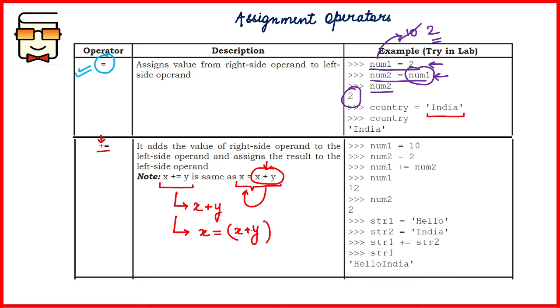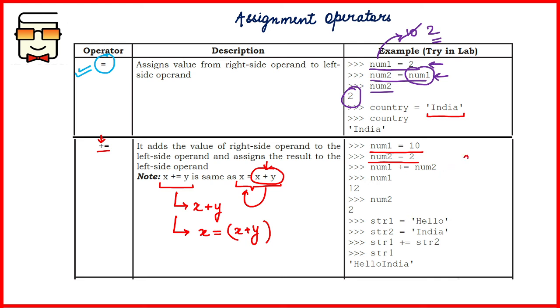Okay, so since we have seen in arithmetic operators that plus can be used with numeric values and also with strings, because in strings it performs concatenation, here also this plus equal to operator can be used with numeric values. Say num1 is assigned the value 10, num2 is assigned the value 2, and you say num1 plus equal to num2.